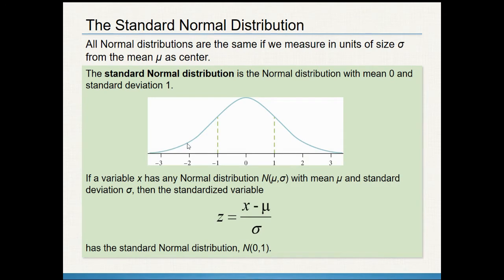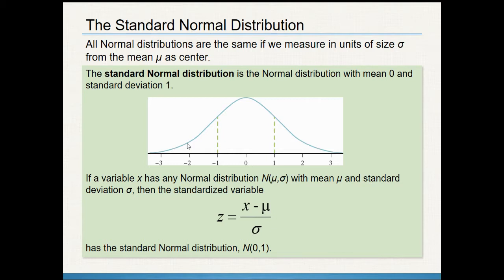All right. The standard normal distribution. All normal distributions are the same if we measure in units of size sigma and the mean mu is the center. The standard normal distribution is the normal distribution with mean 0 and standard deviation 1. If a variable x has any normal distribution with mean mu and standard deviation sigma, then the standardized variable z equals x minus mu divided by sigma.